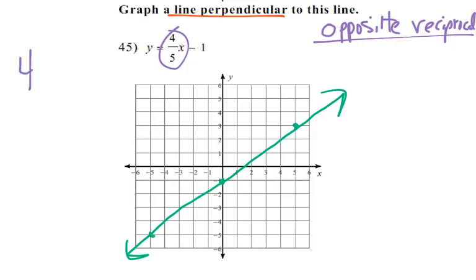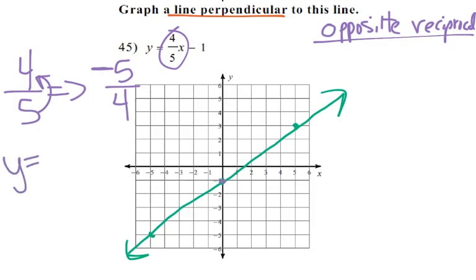So I take 4/5, it's positive, so mine's going to be negative. Swap the fractions, numerator and denominator. There's my slope. Now where do I want to start? Doesn't matter, I could start right here and do y equals -5/4 x minus 1. So I go down 5 to the right 4, or up 5 to the left 4. And then if I draw my line, it would be perpendicular at that 90-degree angle. Alright, so there you guys go. Good luck.